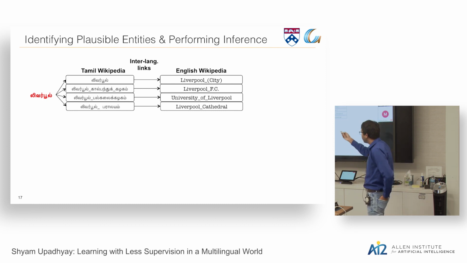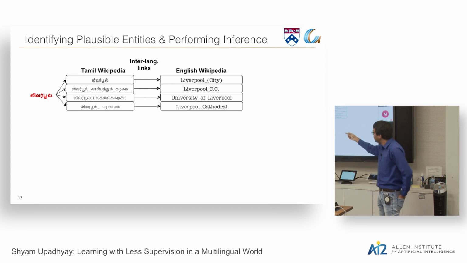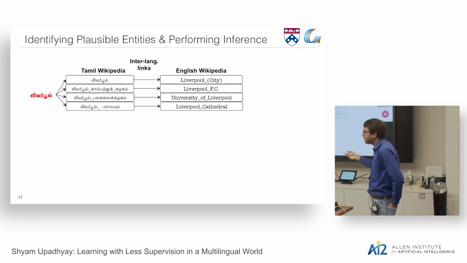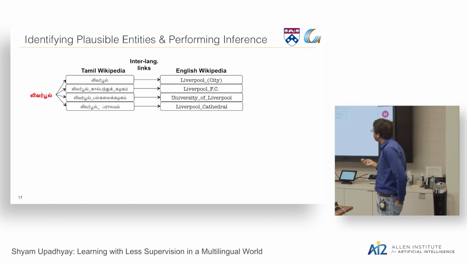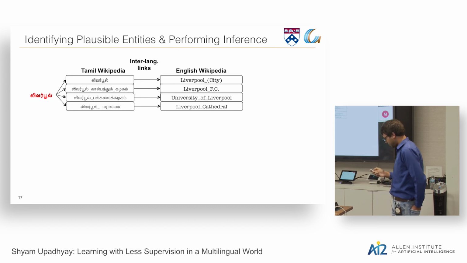So the idea is that given a mention in Tamil, which is the string Liverpool, we first look at all entities that it can link to in Tamil Wikipedia. And for each of those entities, we simply navigate the interlanguage links, which is a one-to-one mapping, to identify the corresponding page in the English Wikipedia. And this will give us a small set of candidates that we can ground to.